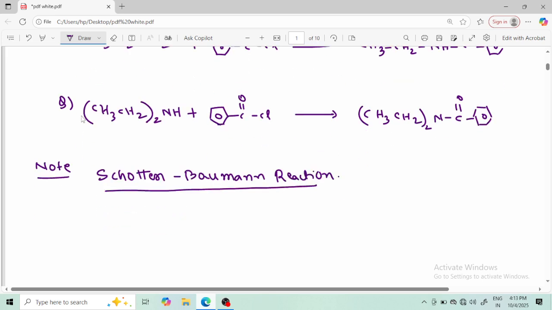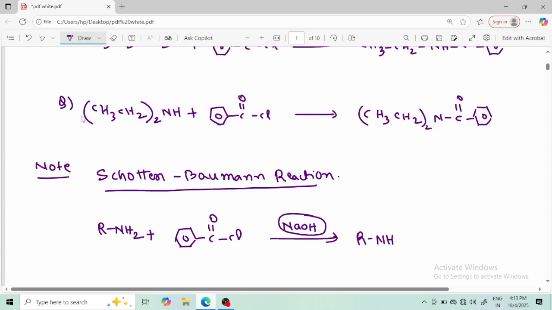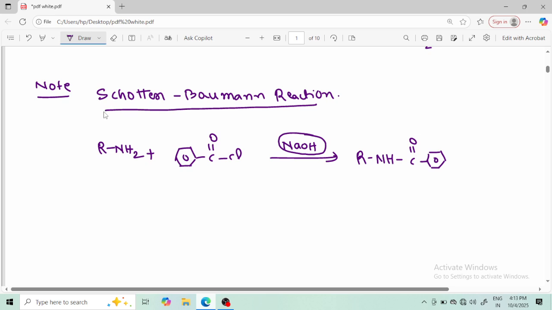So what is the Schotten-Baumann reaction? It is actually benzoylation, same thing: RNH2 reacts with benzoyl chloride, the benzene ring and C double bond O Cl, right? But the base here specifically will be NaOH. So if the base is NaOH in a benzoylation reaction, that particular reaction has a specific name, called the Schotten-Baumann reaction. So it will be NH and then C double bond O and then the benzene ring. Okay, so that is the Schotten-Baumann reaction.